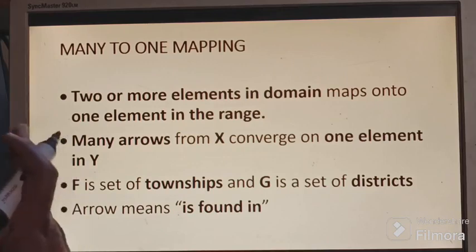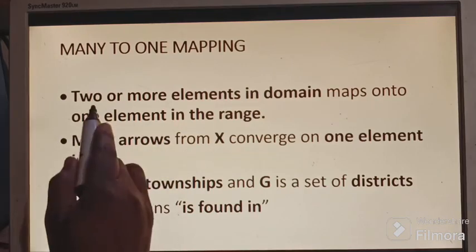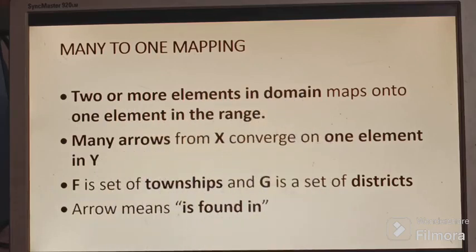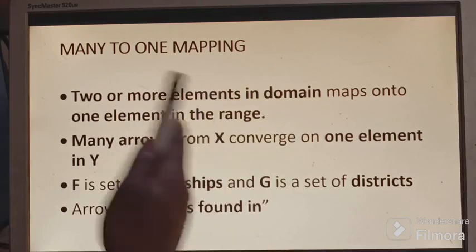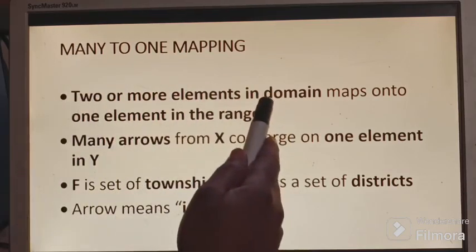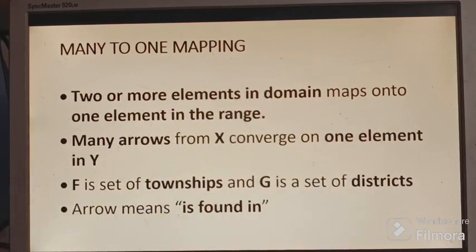So, many-to-one mapping. Two or more elements in the domain. So we're saying two or more elements. That's where the name is coming from. Two or more elements in the domain map onto one element in the range.